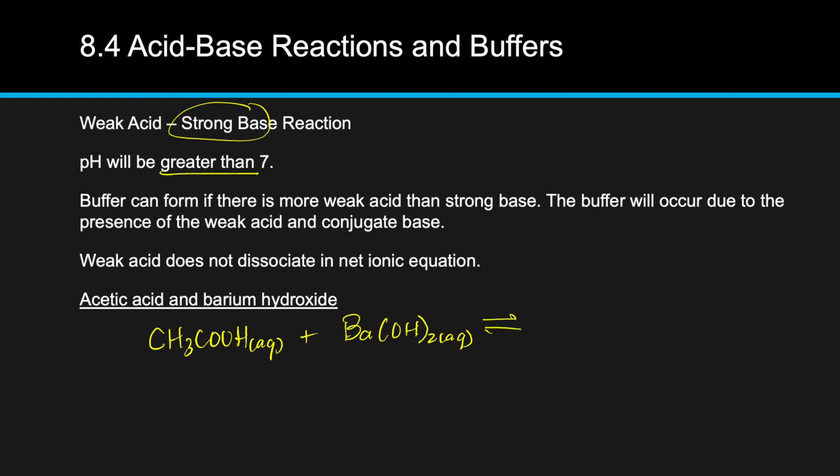Then our acetic acid is going to donate a hydrogen, and it's going to be left with acetate as the ion, and that is going to bond with barium, the cation. Because Ba is 2+, I'm going to need 2 of these acetates. And then I will have water left over, from the hydrogen from acetic acid and the hydroxide from barium hydroxide.